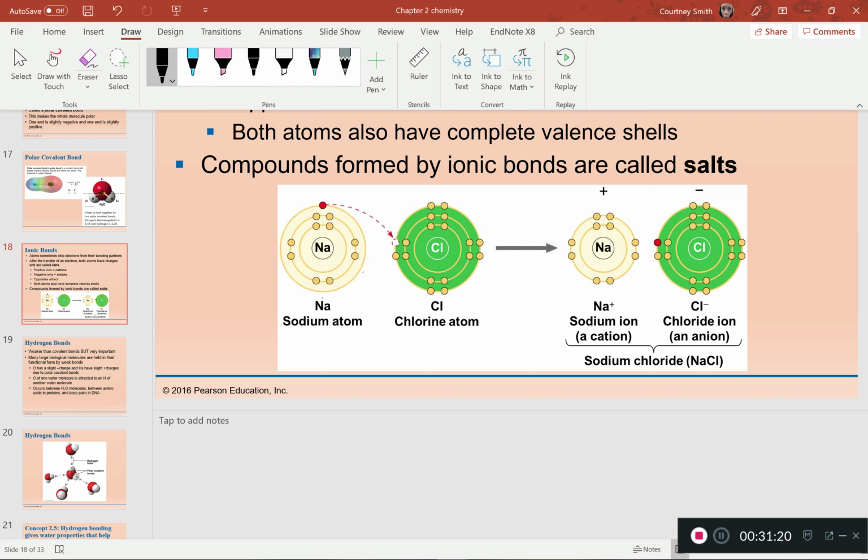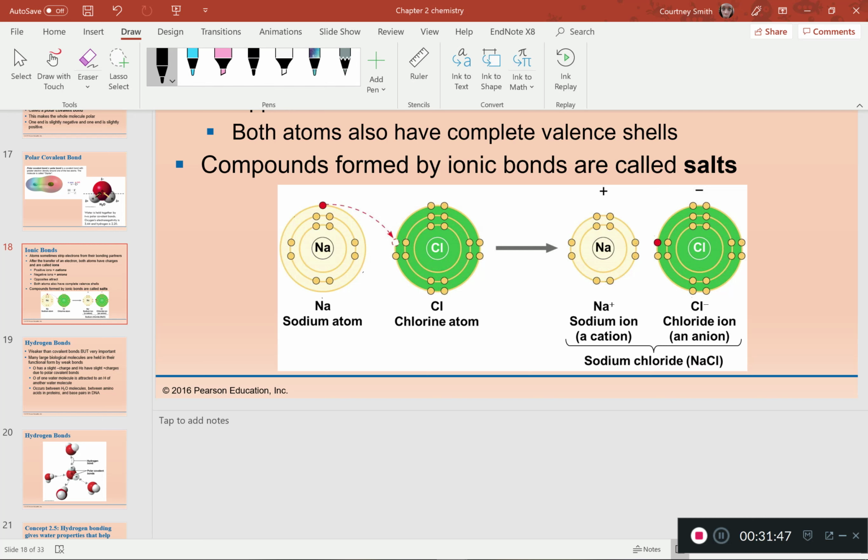Whereas chlorine has 7 electrons, so it's easier for it to just gain one. So sodium will donate its electron to chlorine, and they are both happy. In the final result, sodium has 8 valence electrons on its outer shell, and so does chlorine.